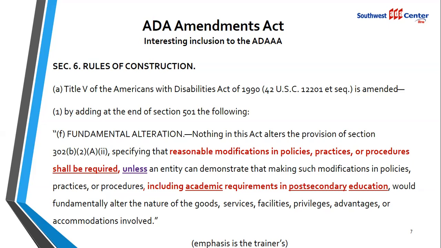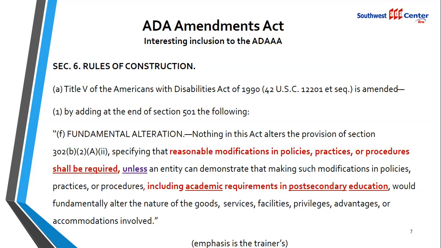Nothing in this act alters provision of Section 302(b)(2)(A)(ii), specifying that reasonable modifications in policies, practices, or procedures shall be required unless an entity can demonstrate that making such modifications in policies, practices, or procedures, including academic requirements in post-secondary education, would fundamentally alter the nature of the goods, services, facilities, privileges, advantage, or accommodations involved.